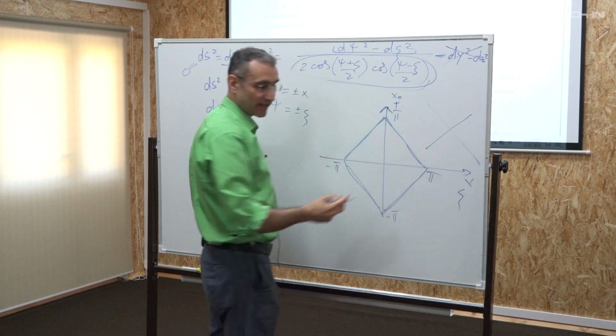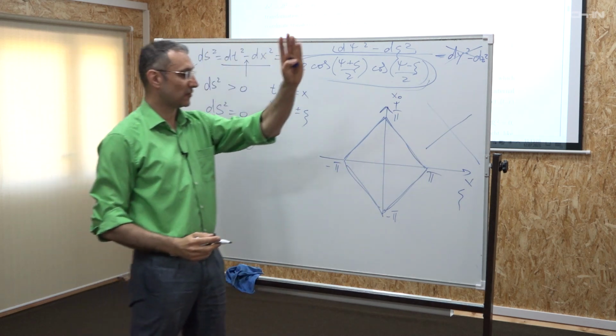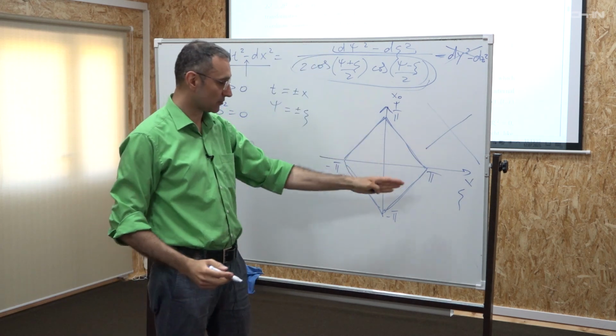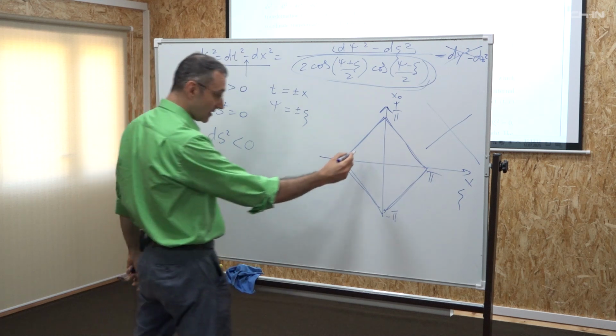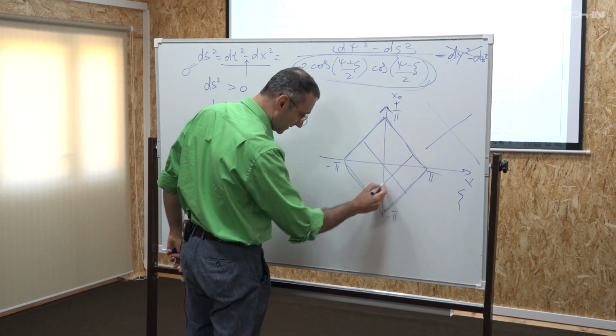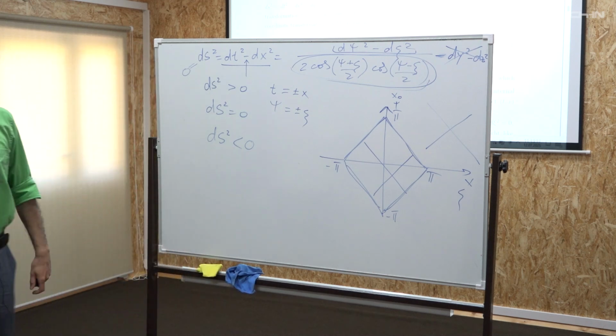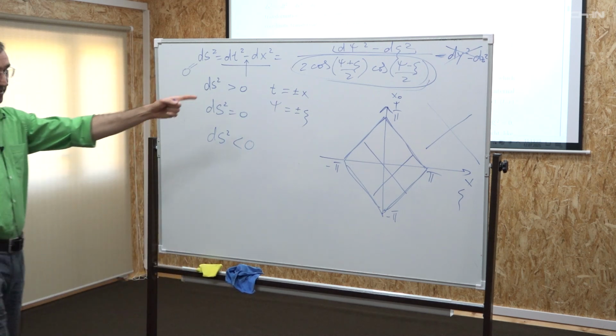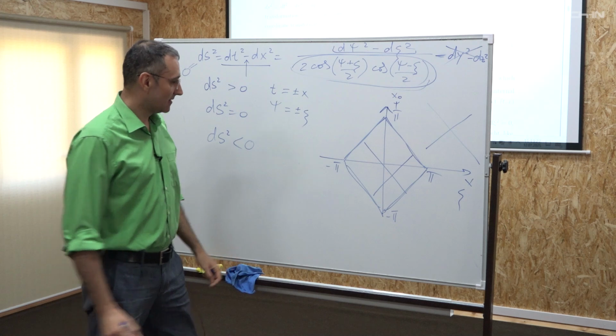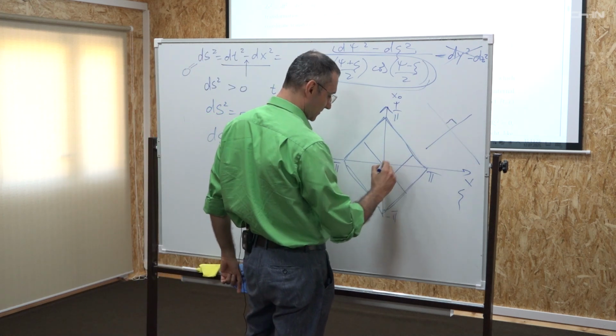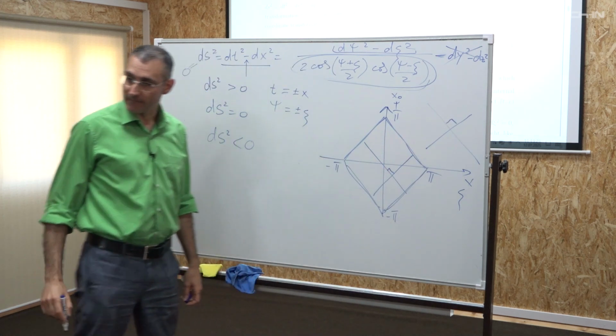Light rays were straight lines with a 45-degree angle with respect to both axes. And here again, light rays are 45-degree straight lines. That has to do with the fact that I did the conformal map. I respect the angles between the lines.